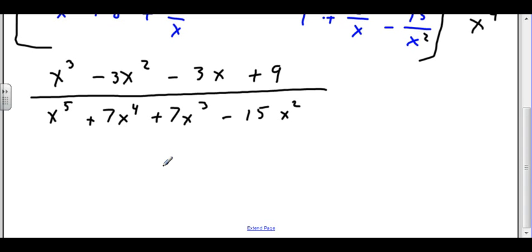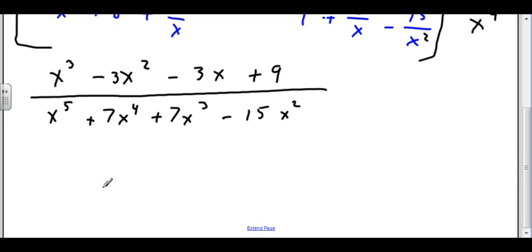And I'm going to put in a 1, a minus 3, a minus 3, and a 9, and tell it to solve. How unfortunate. Those are not whole numbers or fractions or anything. That is not good. And so I can factor out an x squared on the bottom.